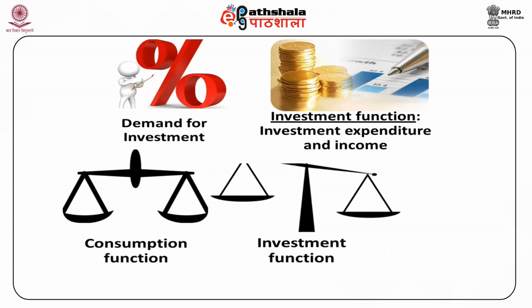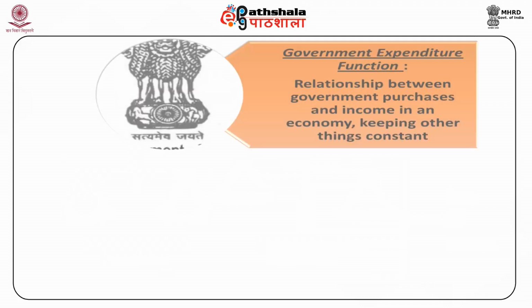As investment decision depends upon rates of interest, the simplest investment expenditure is assumed as autonomous, that is, one that is independent of income. The government expenditure function specifies the relationship between government purchases and income in an economy, keeping all other things constant. This expenditure is treated as autonomous.